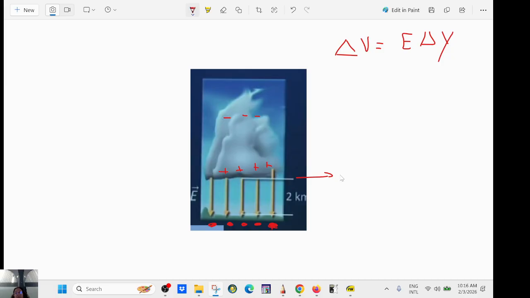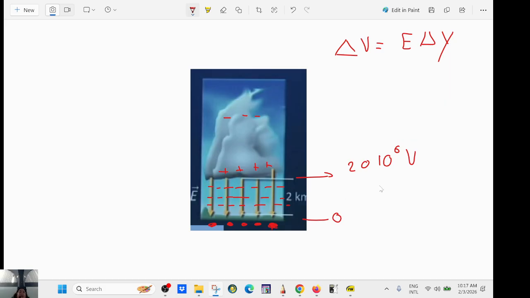So the voltage is like altitude. That will be 20 million volt, and that's going to be 0. And then you're going to decrease the voltage up until you get to the ground, which is 0.